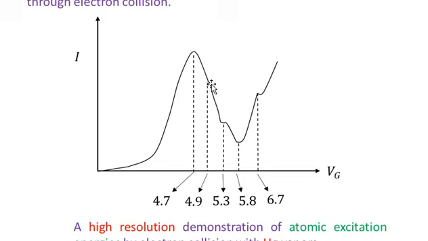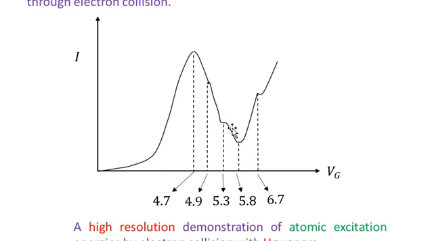And then there will be a further dip in the current. You will also notice another dip occurring at a grid voltage of 5.3 volt, which corresponds to another level in the mercury atom, though its cross section is very small. But of course we have measured this dip also, a small change in the value of the current.